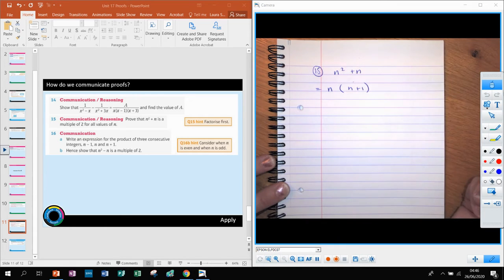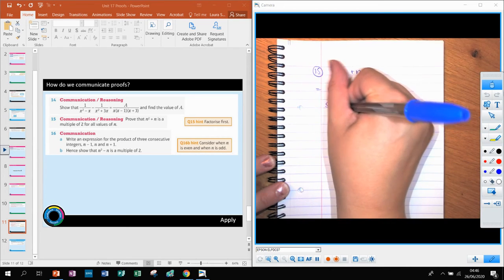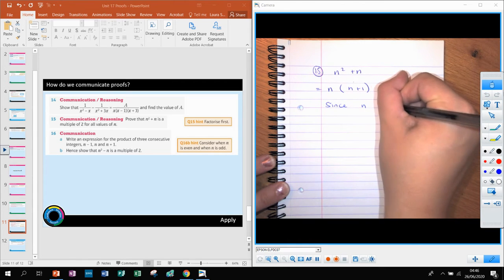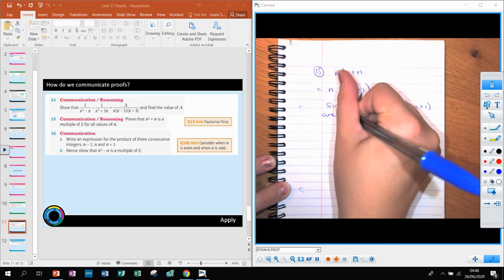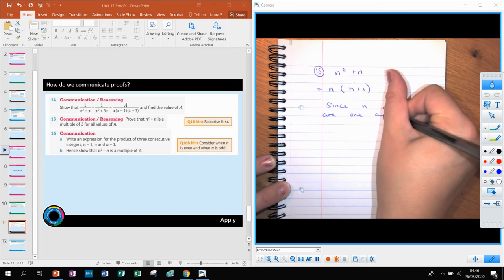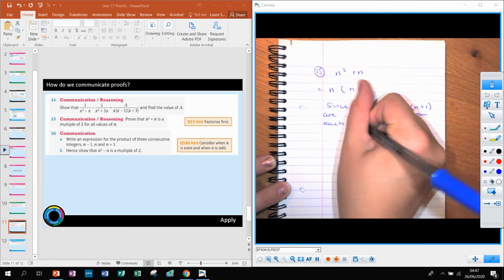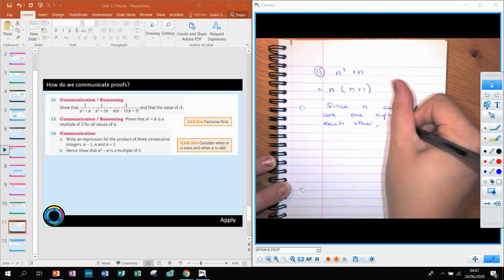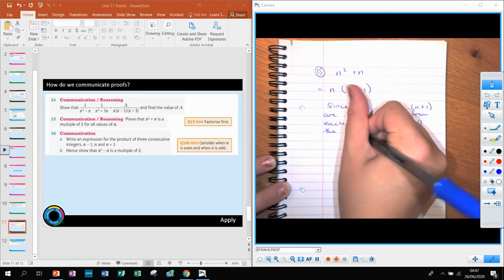Now, what is our definition of an even and an odd number? They're one apart from each other, yes? So since n and n plus 1 are one apart from each other, one of the numbers must be even and one of the numbers must be odd.